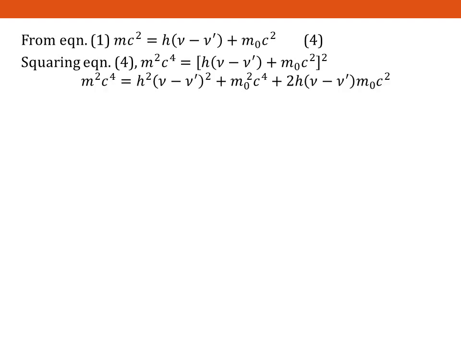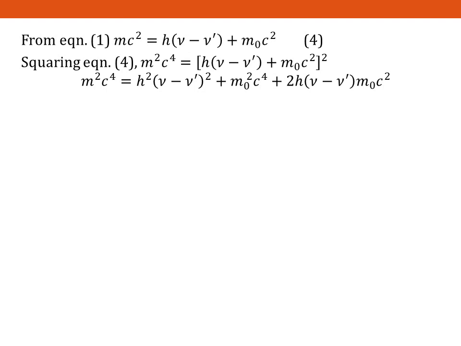Expanding, using the common expression (a + b)² = a² + b² + 2ab, we have m²c⁴ = h²(ν − ν′)² + m₀²c⁴ + 2h(ν − ν′)m₀c².